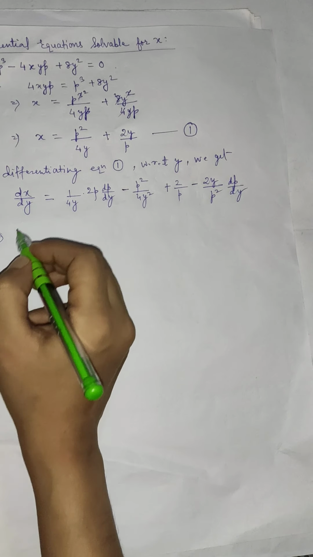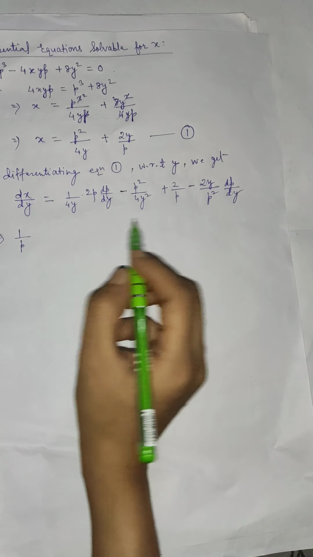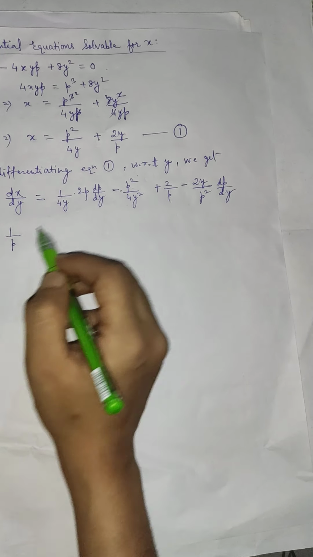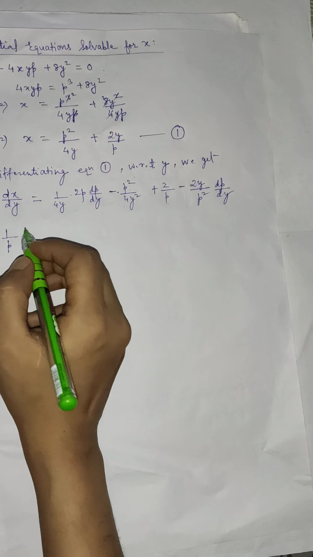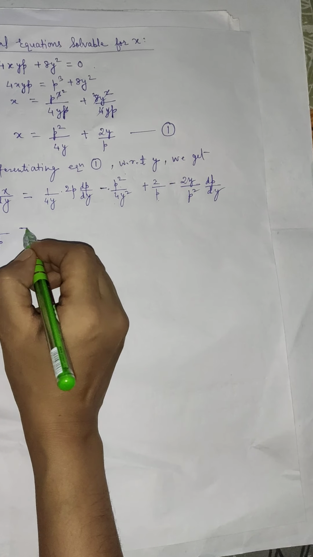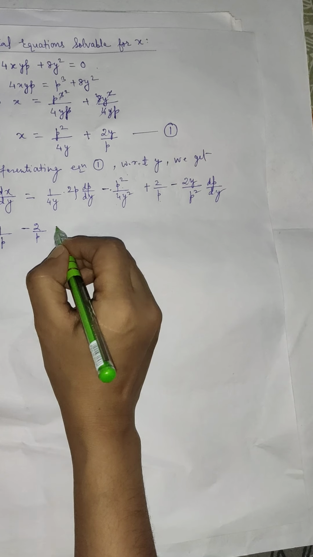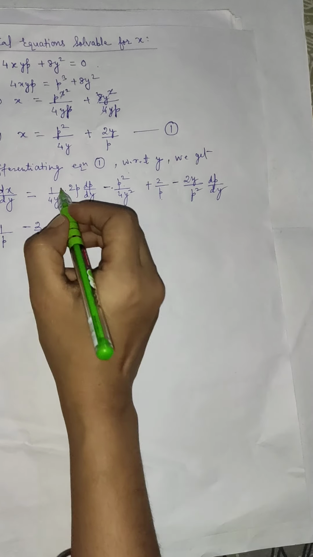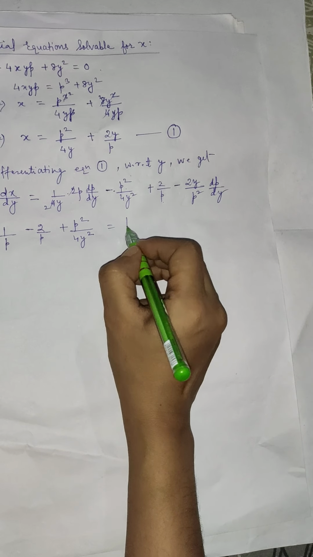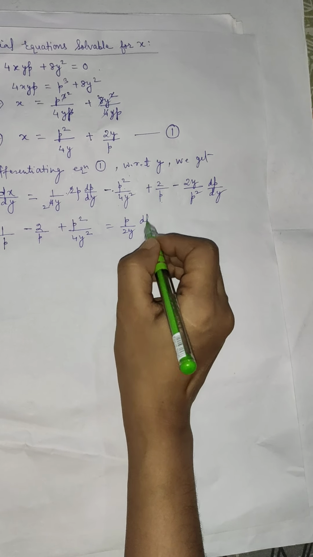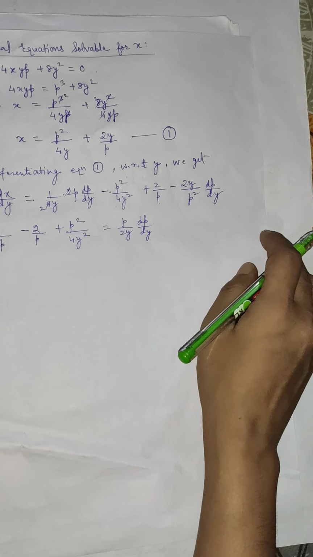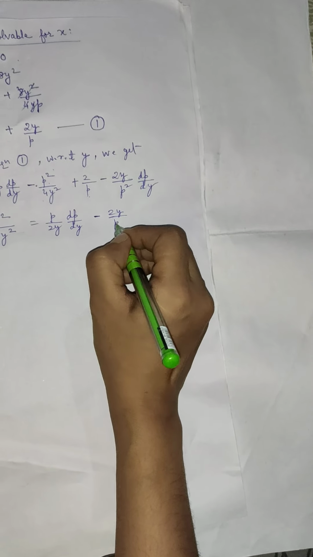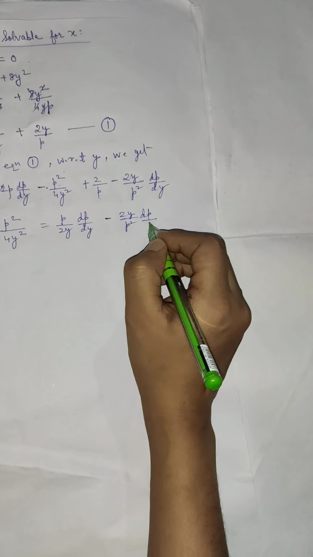Now dx by dy can be written as 1 by p, and from here we can bring 2 by p and minus p square by 4y square towards the left side, and we'll have 1 by p minus 2 by p plus p square by 4y square is equal to p by 2y dp by dy minus 2y by p square dp by dy.